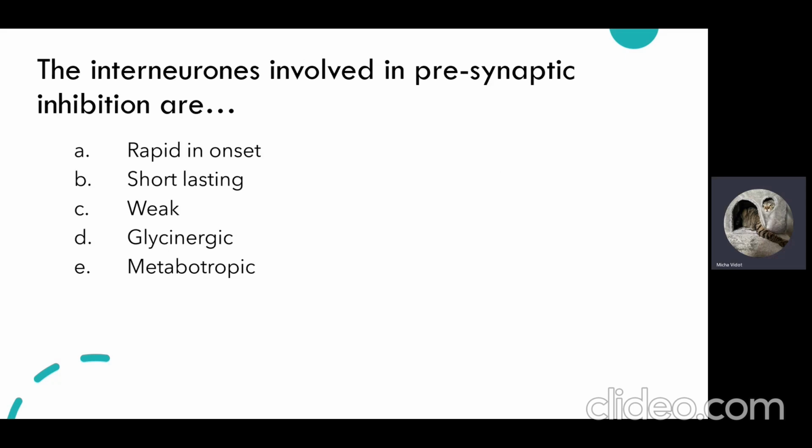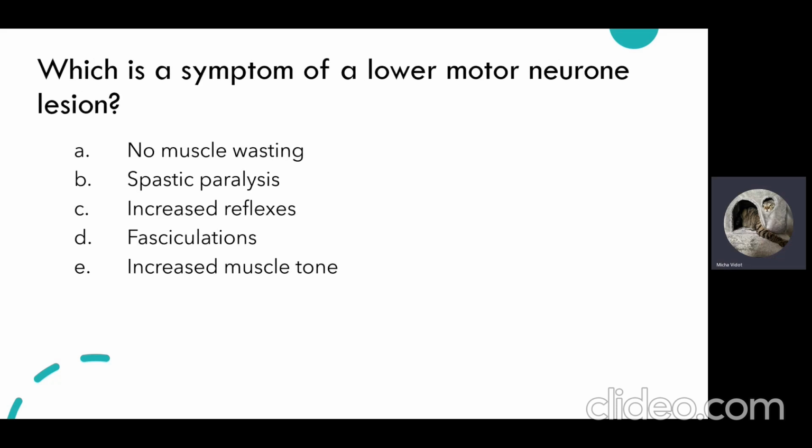The interneurons involved in presynaptic inhibition are A, rapid in onset, B, short-lasting, C, weak, D, glycinergic, or E, metabotropic. The answer is E. Which is a symptom of a lower motor neuron lesion?